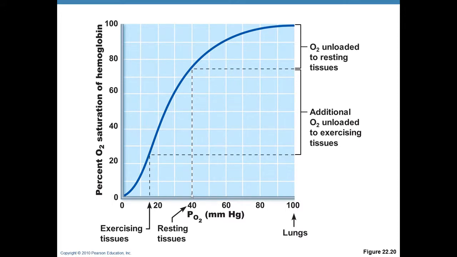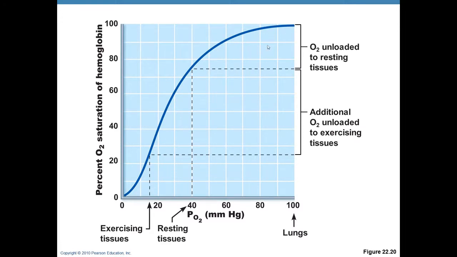This diagram from your textbook shows what happens to tissues in different states. So this is the percent of O2 saturation of hemoglobin in your red blood cells. All right, so if it's 100%, that means all of the hemoglobin molecules have 4 oxygen gas molecules attached. If it's at 50%, on average, the hemoglobin molecules have 2 attached. So if you're looking in your lungs, O2 saturation of hemoglobin is going to be near 100% because that's where your blood is being oxygenated.